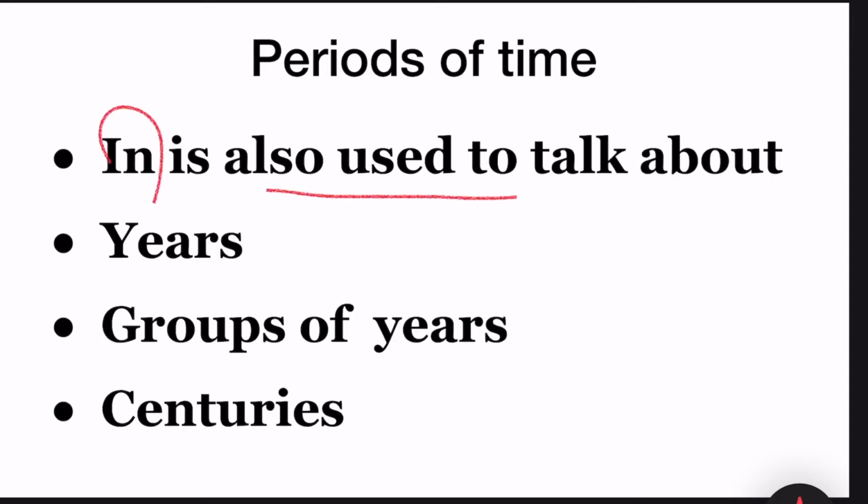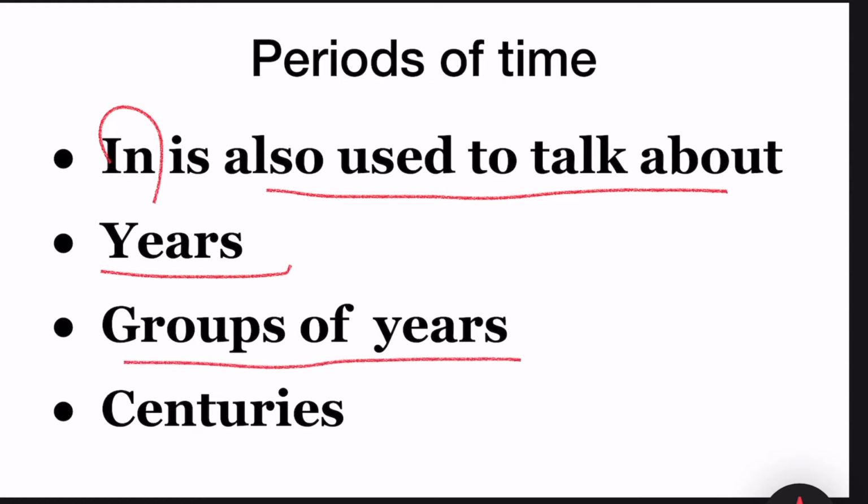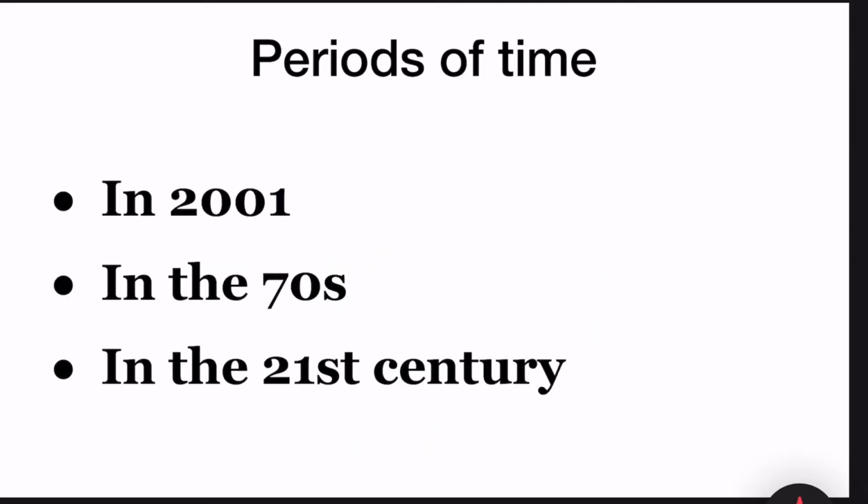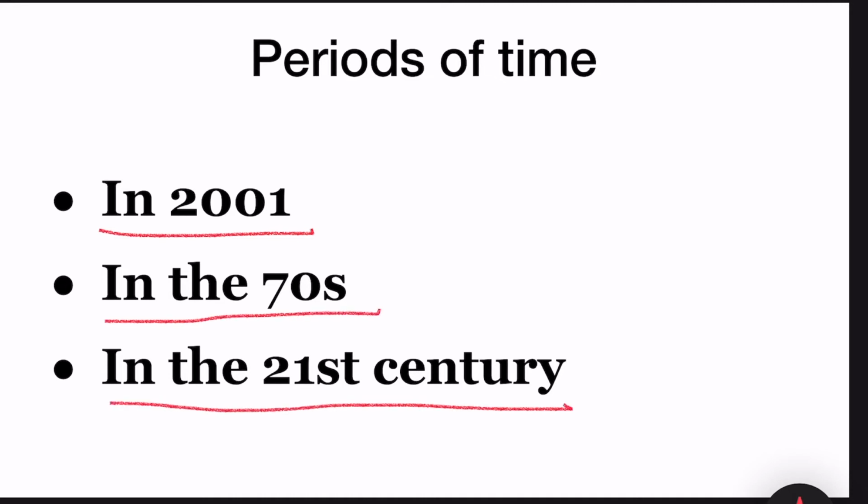In is also used to talk about years, groups of years, and centuries. Here is an example: in 2001, in the 70s, in the 21st century.